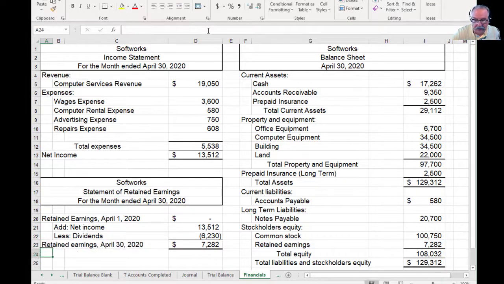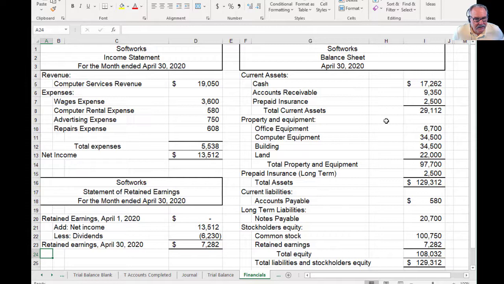They have to be income statement first, then a statement of retained earnings. That's a corporation thing. We used to use a statement of owner's equity in a sole proprietorship back in Accounting 100. We are now in a corporation environment.